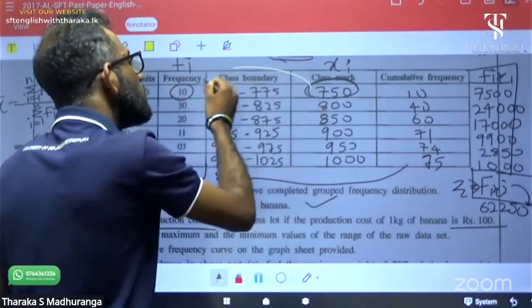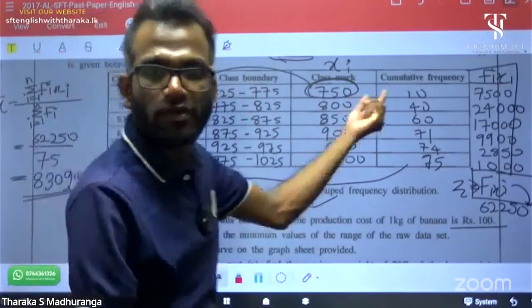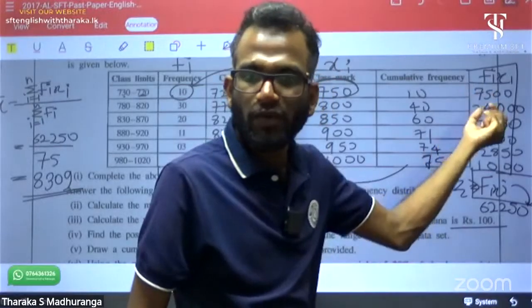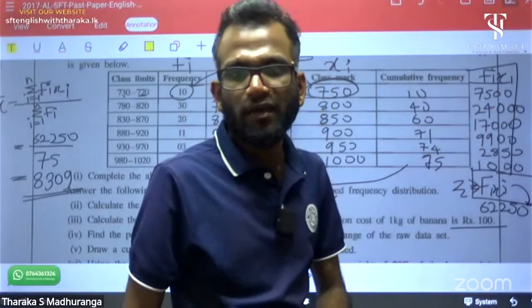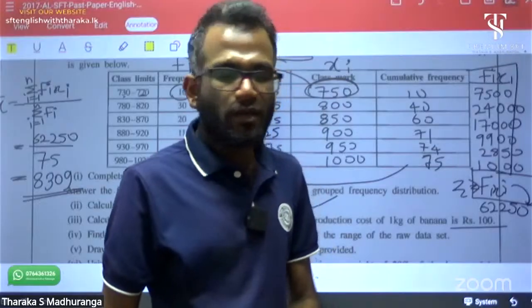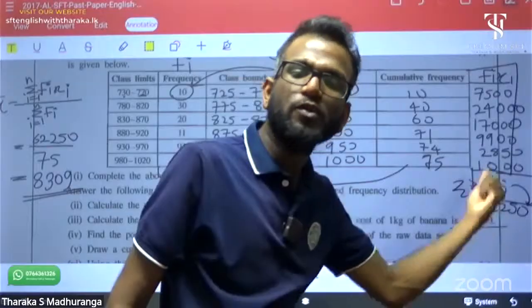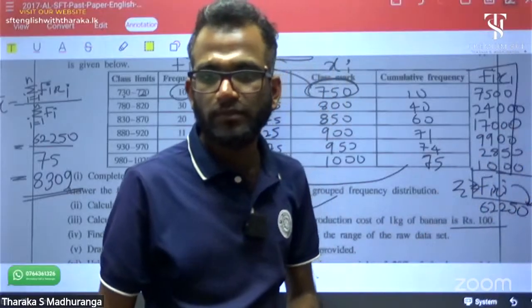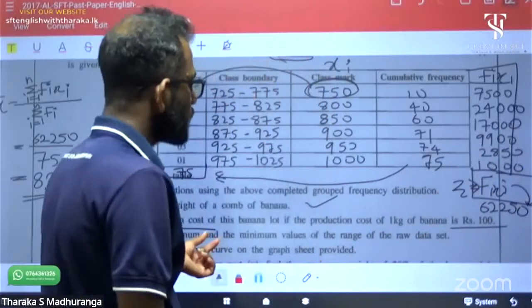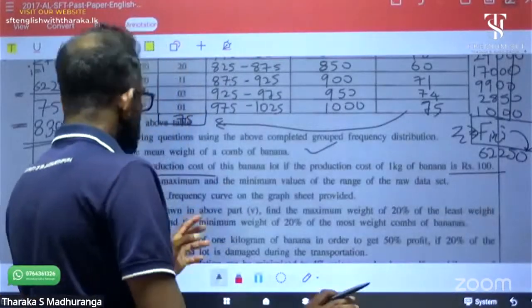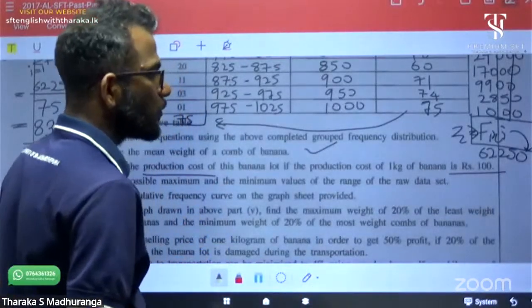Then this value multiplied by 10 gave 7,500, which means 7 kilograms and 500 grams. For the overall lot, it is 62.25 kilograms.